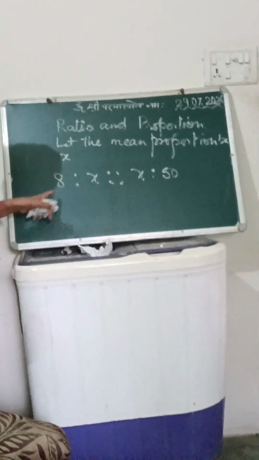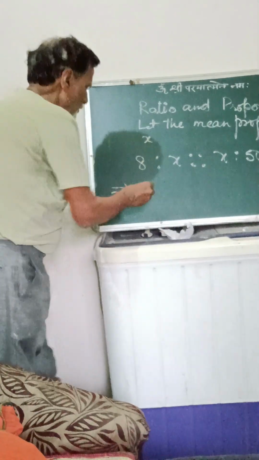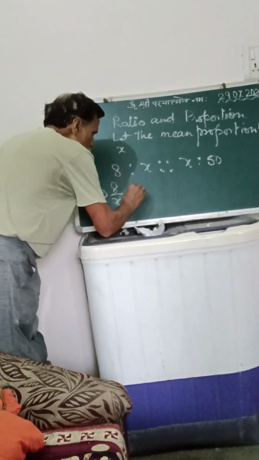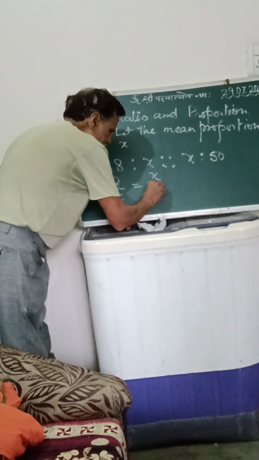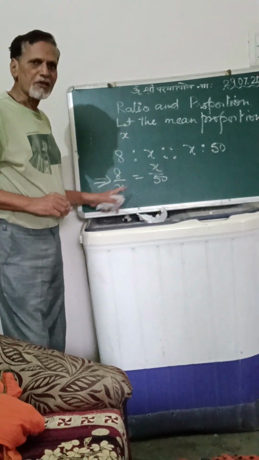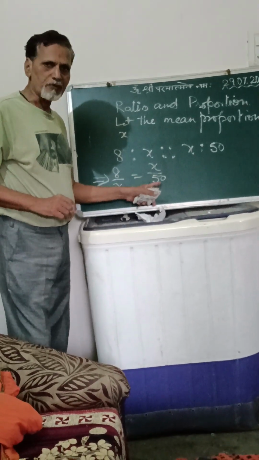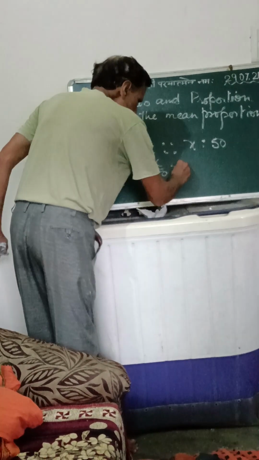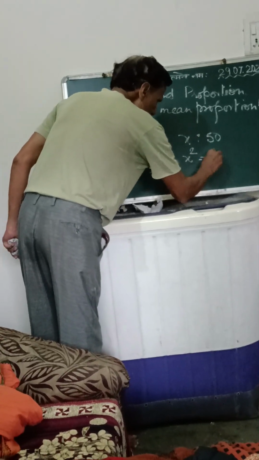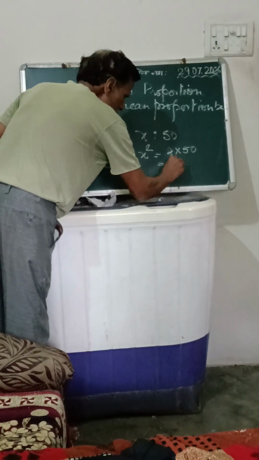Now you will do it. As you know that we can do it in two ways. How? 8 by x is equal to x by 50. By cross multiplication, x into x and 8 into 50. This will be written x square is equal to 8 into 50. It means it is 400.